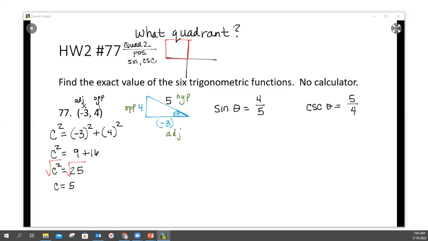So we have the cosine of theta, which is the adjacent over the hypotenuse. And then its sister is the secant, which is the reciprocal. And then we have the tangent, which is opposite over adjacent.